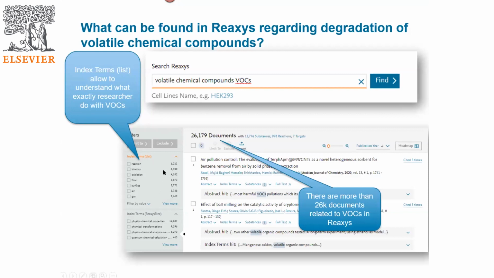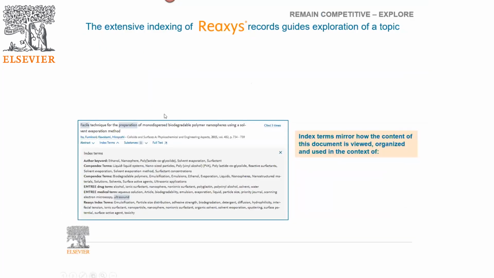And over there, as we already talked, there are filters for index terms. What does it mean, index terms? Reaxys indexes the full text of the article, and in addition to author keywords, it adds specific keywords which can help you to explore the topic and the ideas discussed in the article.